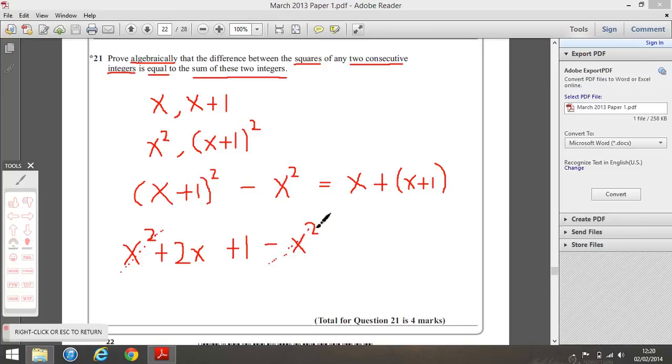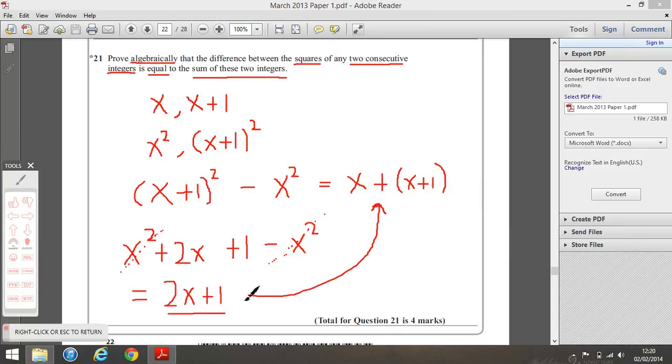And that just leaves us with 2x plus 1. And of course that is the same as the right hand side, because if you look at the right hand side here, I'm summing two integers, we can simplify this and this will become x plus x plus 1, and that is simply 2x plus 1. So of course these two are exactly the same.